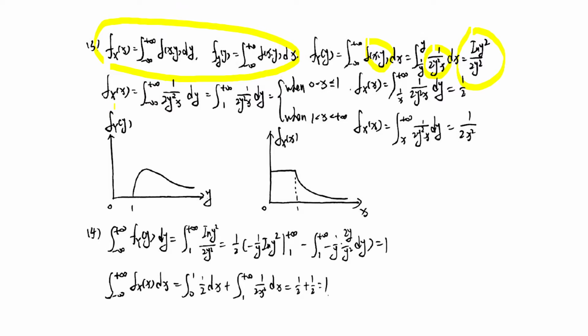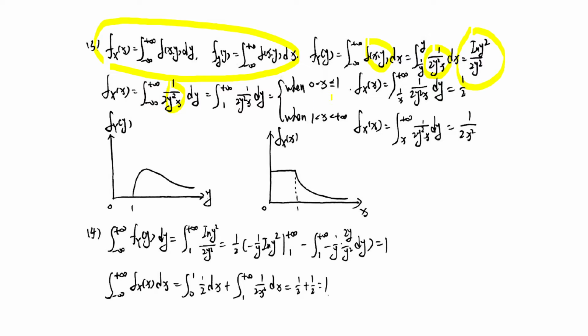And f(x) is equal to the integration of f(x,y) from negative infinity to positive infinity, which means we need to integrate this part over y. Just like what we discussed in the first part, for f(y) here, we need to discuss the upper limit and lower limit a little bit.